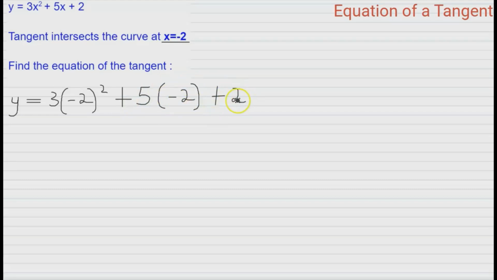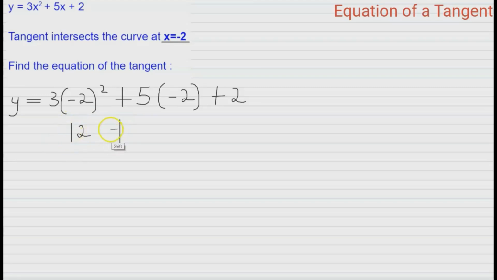It's just the exact same as the equation up here, just adding in minus 2's wherever there's an x. Of course, because of BIDMAS, because this is minus 2 and we're squaring it, we'll have to do the squaring first. So minus 2 squared, minus 2 times minus 2 is positive 4, because a negative times a negative is a positive, and then 4 times 3 is equal to 12.